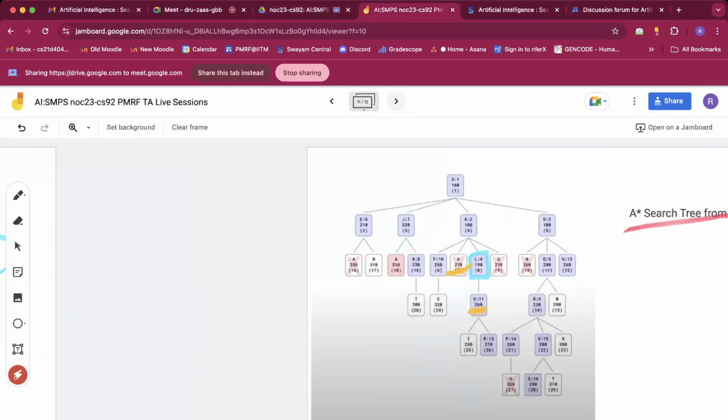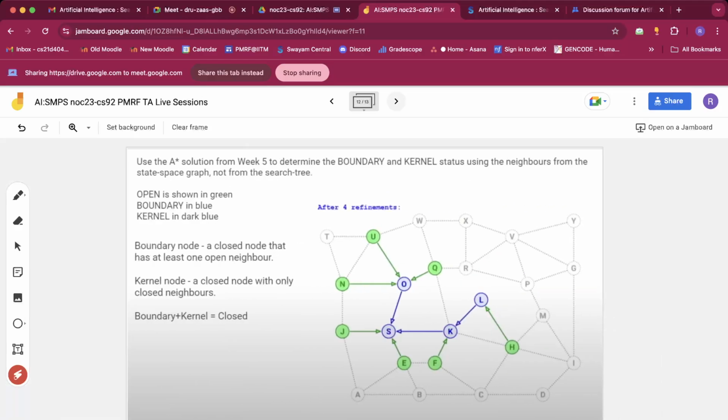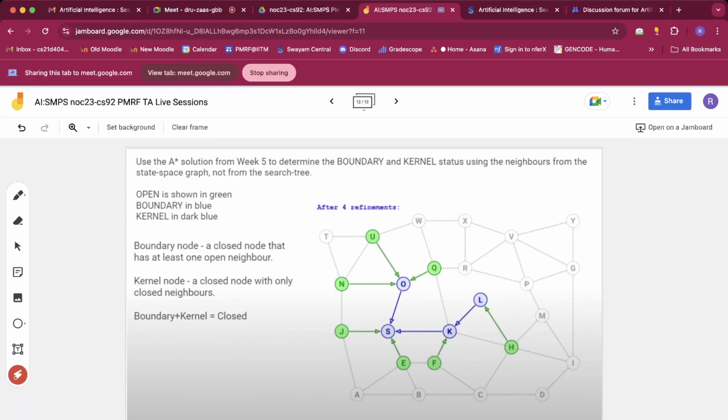So I'll show you an example. This is what we did till now. We use the A star solution from week 5 to determine the boundary and kernel status. Here the color scheme is slightly different. Here the green nodes are the ones that are in the open list, and the light blue ones are the ones that are in the boundary.